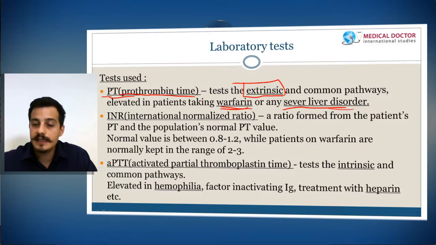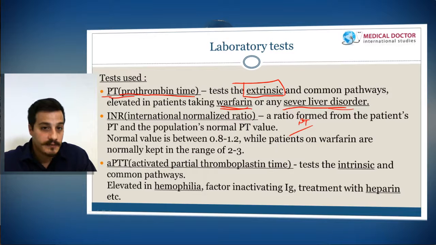Now, PT itself was formed into a ratio which is called the INR, the International Normalized Ratio. What this ratio does is take the PT result from the patient and divide it by the normal or average PT value from the general population.